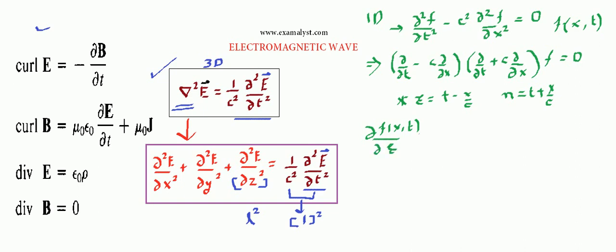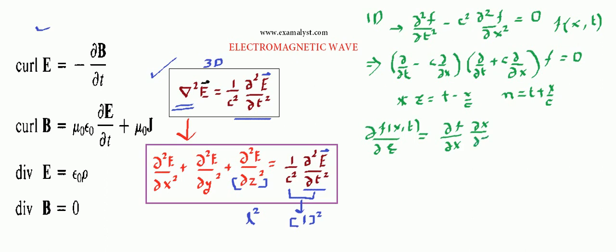Since f can depend on time or x, in the first term I'll write the derivative of f with respect to x, and then I can write the derivative of x with respect to epsilon.